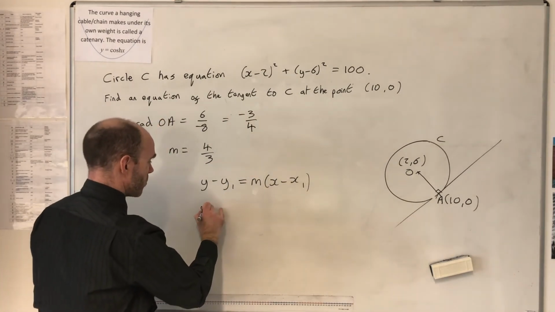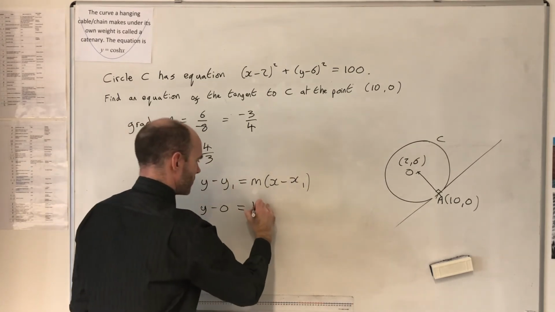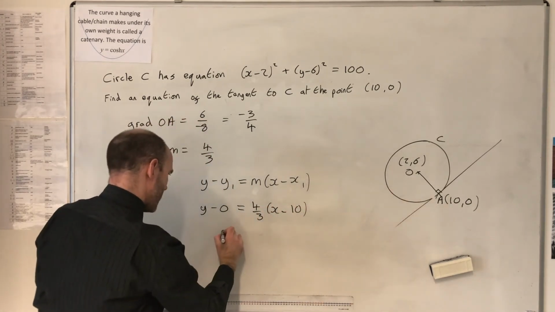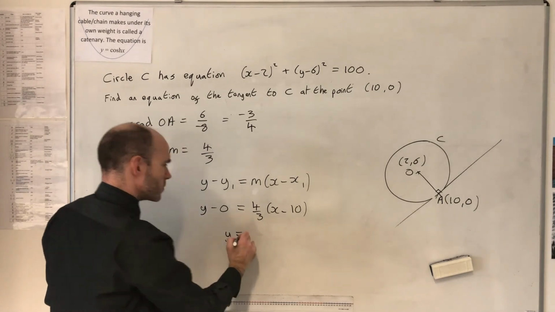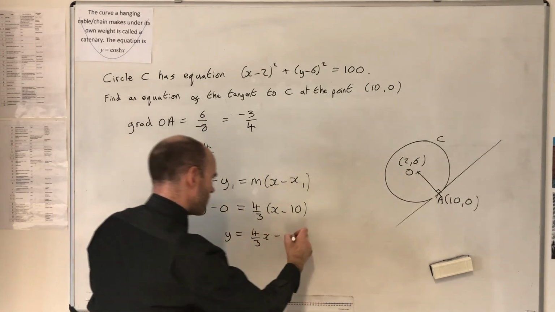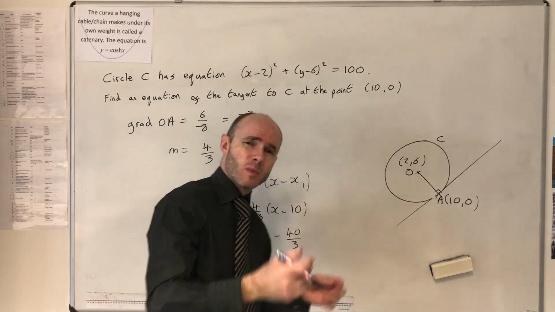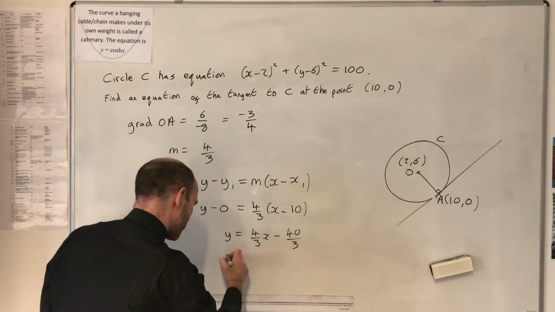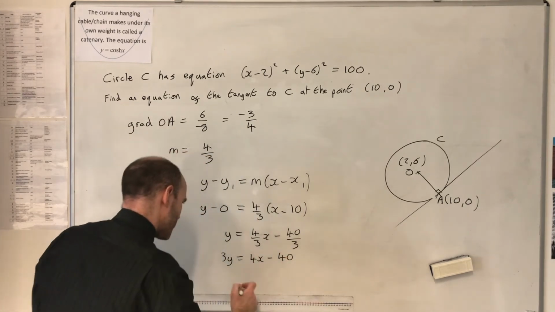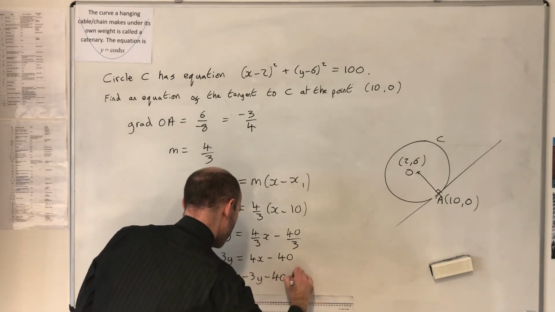So our equation must be y subtract 0, so you can see the substitution, equals m, which is 4/3, times (x subtract 10). Let's tidy it up a little bit. You can either leave it as y equals 4/3 x minus 40 over 3, or tie it up with the previous example we went over and multiply both sides by 3 to get 3y equals 4x minus 40, and then write it in this form: 4x minus 3y minus 40 equals 0.